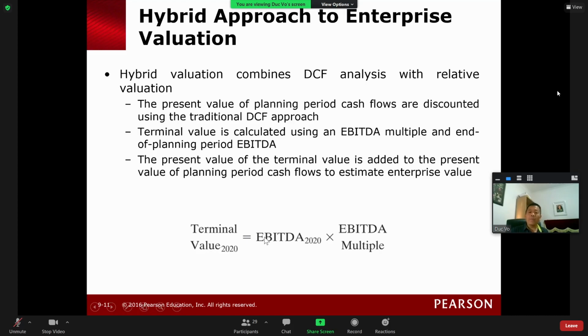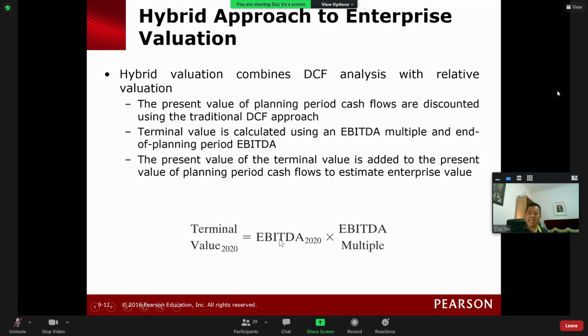And the first one you look at from here is, okay, the other way they can do it is, in order to work out the terminal value, they use EBITDA for the company in 2020, and then they come up with the EBITDA multiple. The question now is, how can they work out the EBITDA multiple?